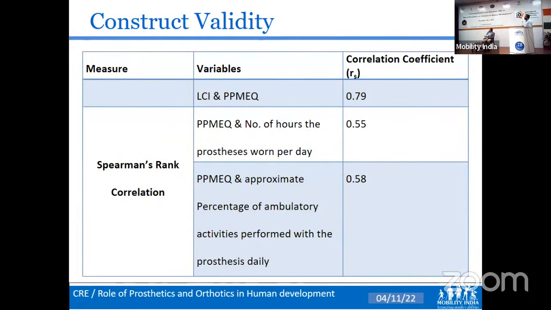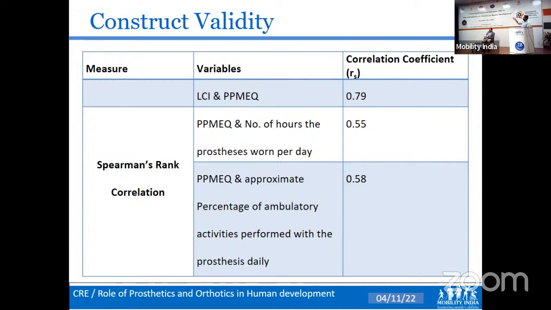After that, focusing on construct validity. As I told you in the beginning, I collected data with the Locomotor Capabilities Index also. That was to establish construct validity, because the Locomotor Capabilities Index is an already well-established outcome measure. In Mobility India also we have used LCI 5, the same questionnaire.